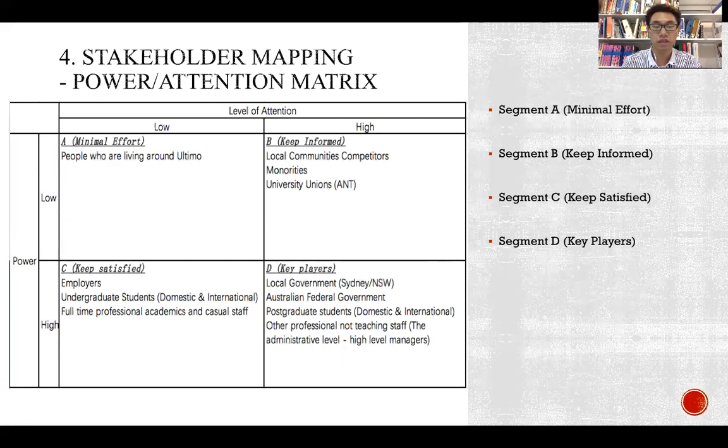Local communities, competitors, minorities, and the Australian Technology Network could be kept informed, and people who are living around Ultimo only need minimal effort from UTS as they have relatively lower levels of attention and power in determining the strategies of UTS.